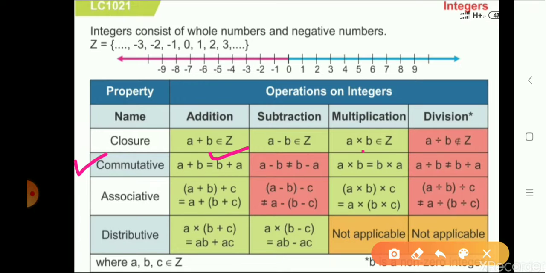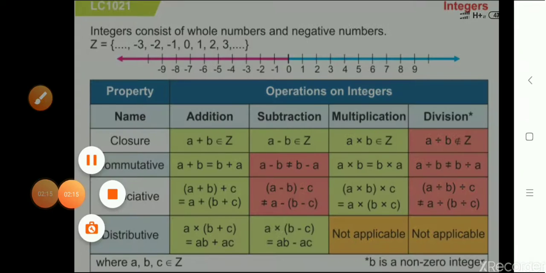In case of multiplication also, we get the same result when we change the order of the integers being multiplied. But it is not so in the case of subtraction and division. We do not get the same result when we subtract two integers and change the order. And if we divide two integers, then also on changing their order, we do not get the same result.